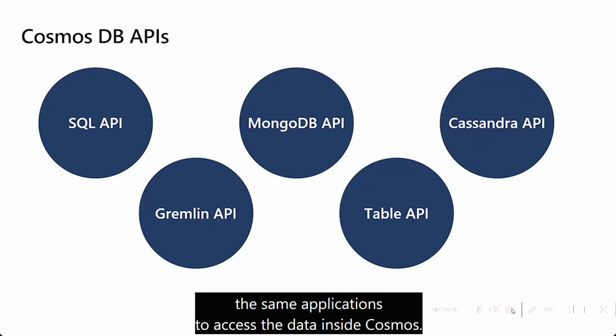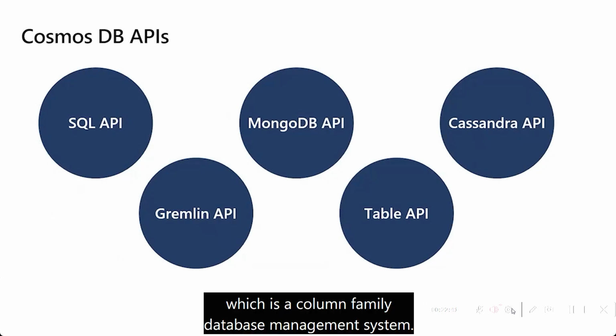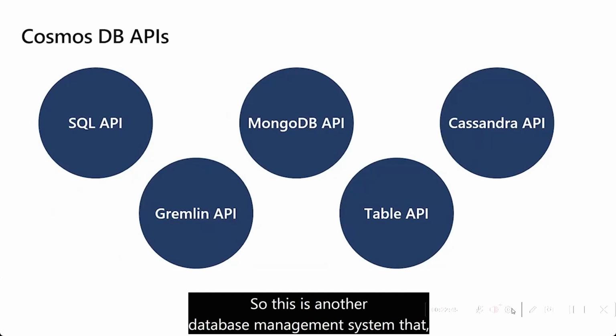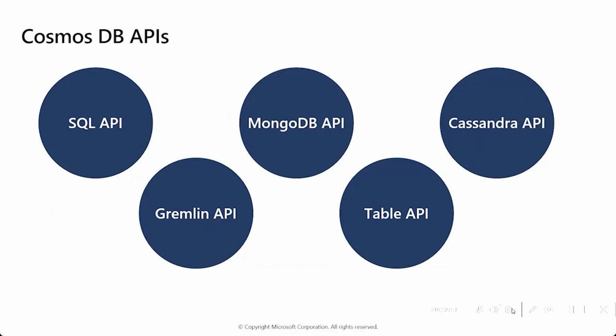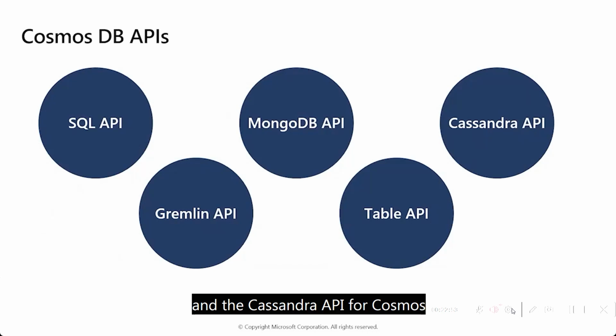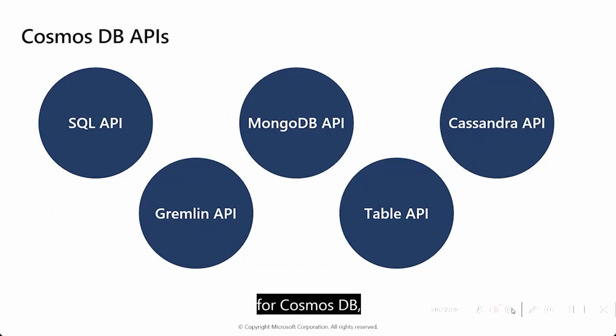Now, the Cassandra API is used to support Cassandra, which is a column family database management system. This is another database management system that, again, a lot of organizations run on premises. And the Cassandra API for Cosmos provides a Cassandra-like programmatic interface for Cosmos DB.